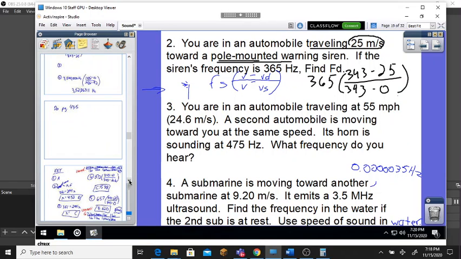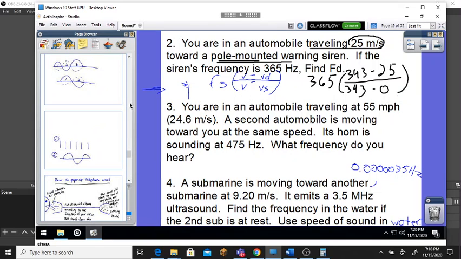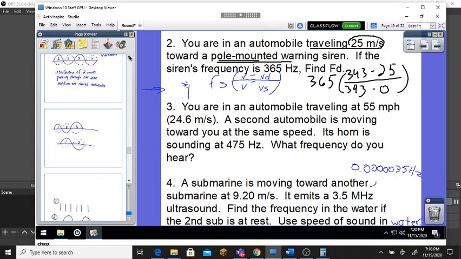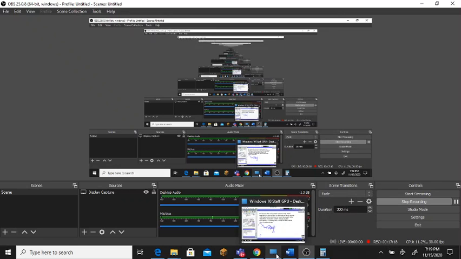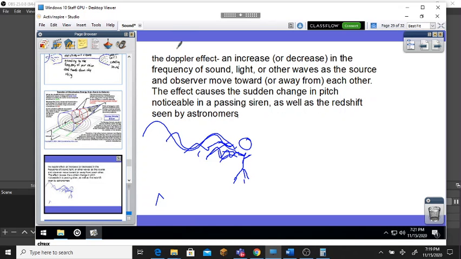And the last thing that we're gonna go over is this part. So you're going to copy this on the right side.